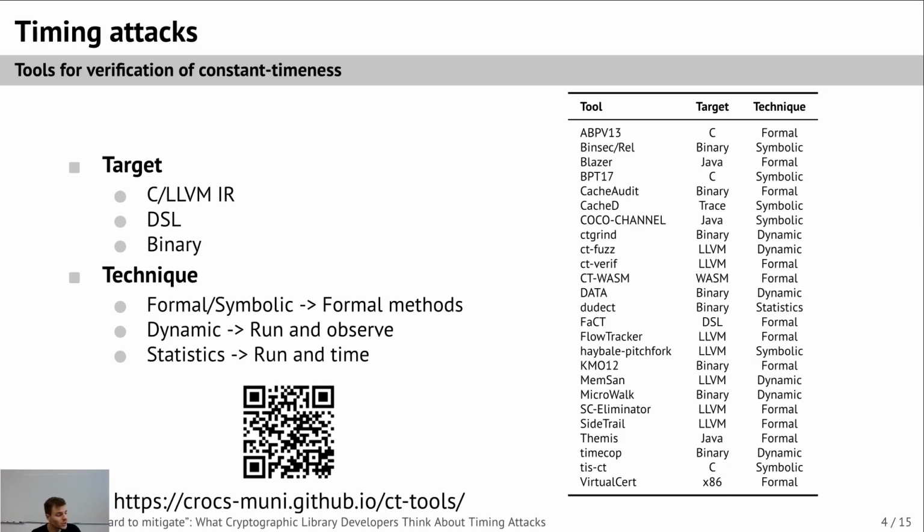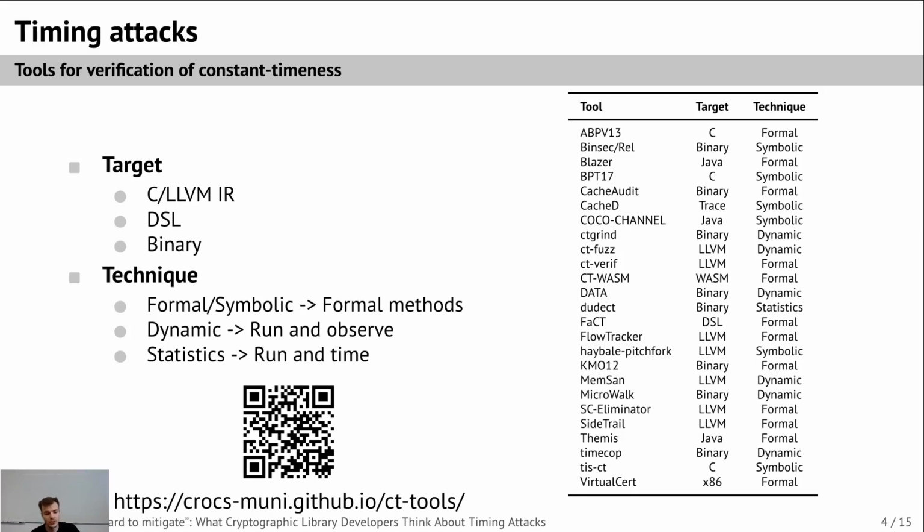Then there are dynamic tools, which usually run the code with some instrumentation, and then they observe the results of that instrumentation, if there were any conditional jumps, if there were any memory accesses, and so on. And finally, there are tools based on statistics, which basically run the code with many different inputs and time it as an attacker would, and see statistically if there are any observable leaks.